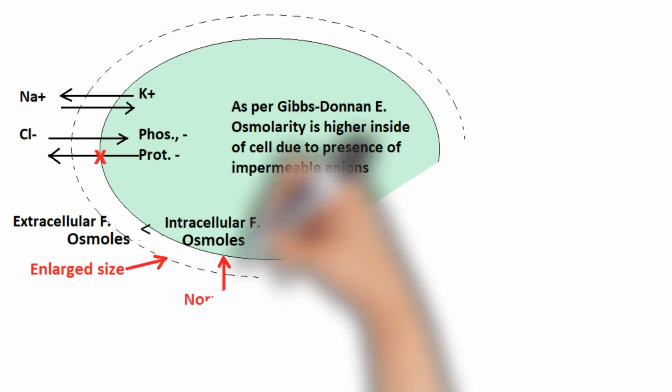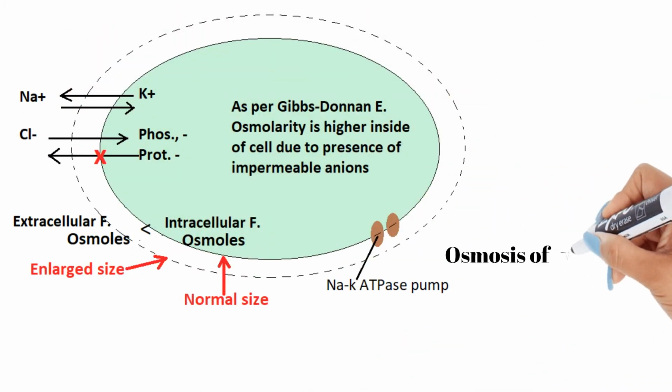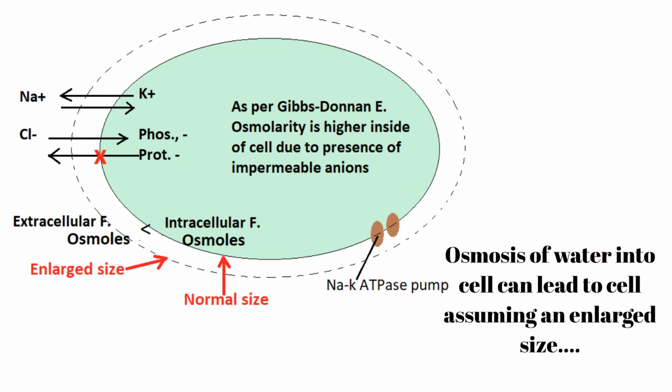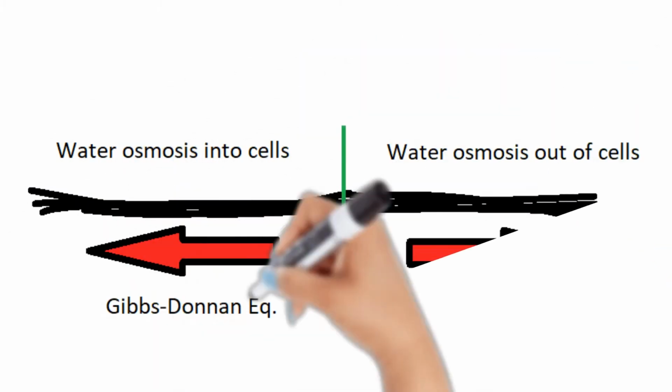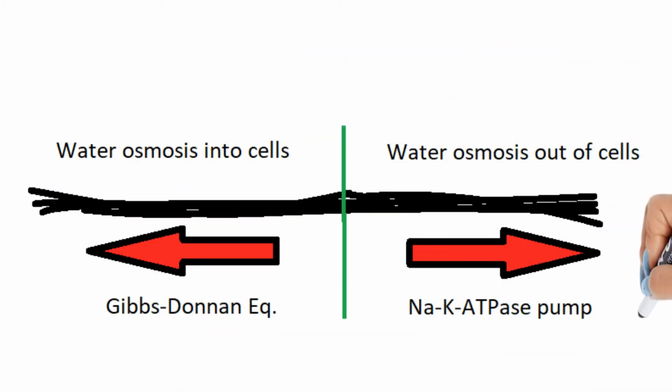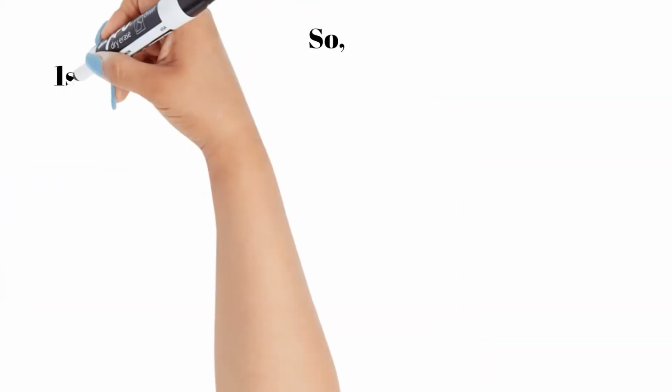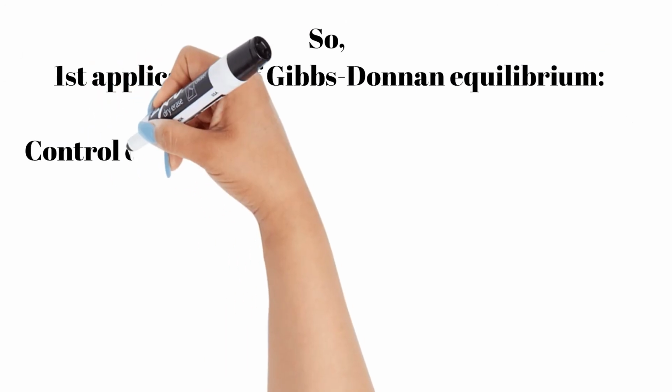This will ensure that water does not accumulate and the cell does not enlarge. These two opposing processes occur in a dynamic and instantaneous manner continuously to maintain a balance across cell membrane. Therefore, the first application of Gibbs-Donnan equilibrium is about control of cell volume across cell membrane.